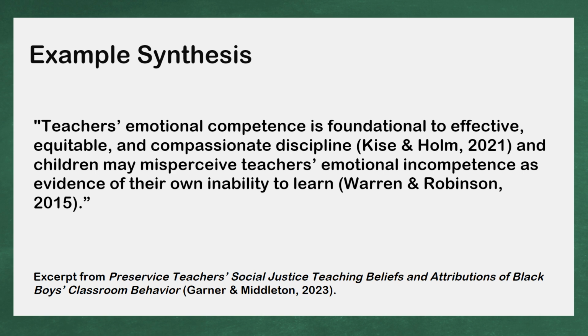Garner and Middleton synthesized the findings of Kais and Home and Warren and Robinson to develop a more cohesive understanding of the relationship between a teacher's emotional competence and a student's self-perception.